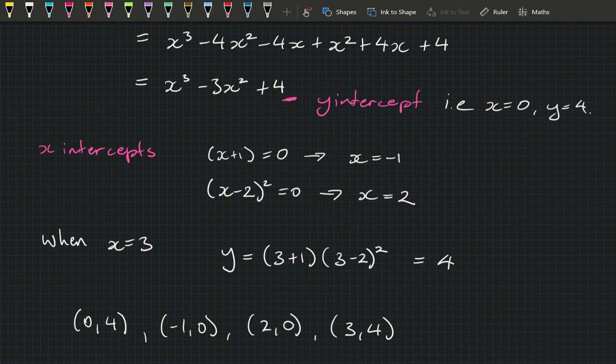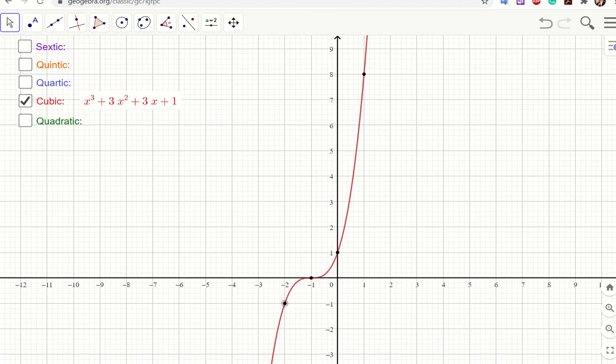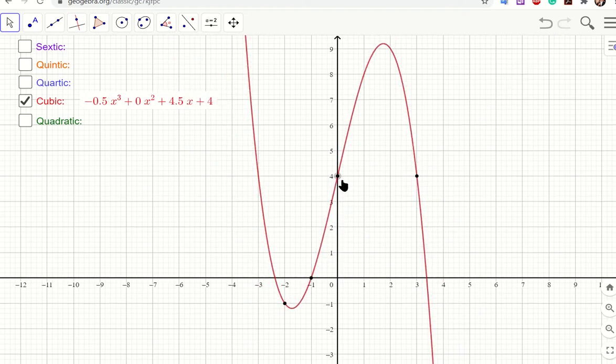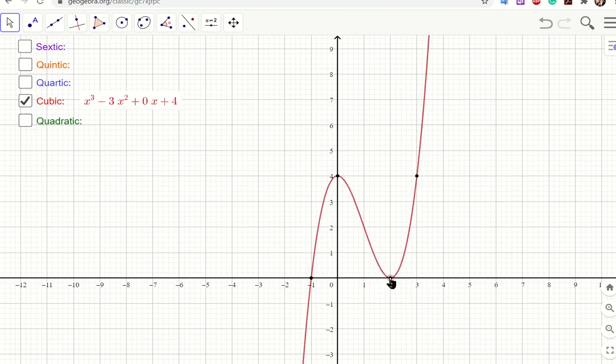Alright, let's pop back to OneNote and see what that looks like. Let's move our points around to where we found them already. So we can move this top one to 3, 4. Wow, that's a line now. We can leave this intercept where it is and move our y-intercept up to 4. And finally, let's move our last point to an x-intercept.